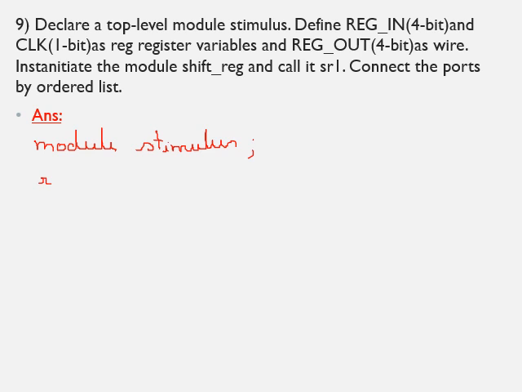So declare register in as a 4-bit register type variable, and clock as a single bit CLK as a single bit register, and register out as a 4-bit wire.